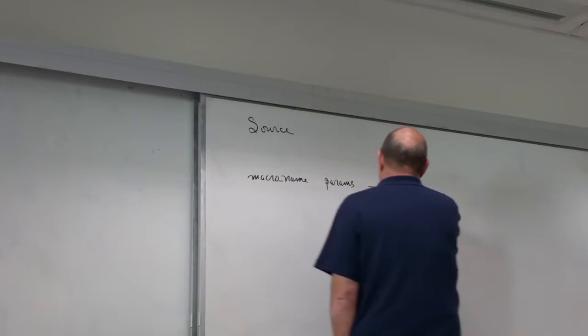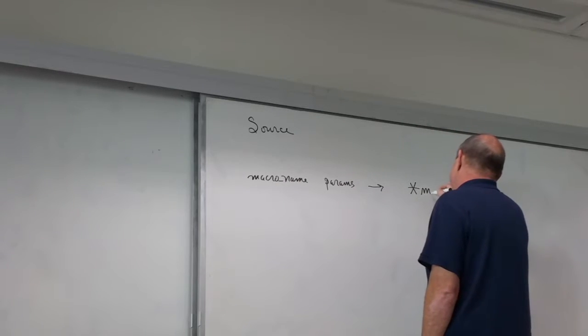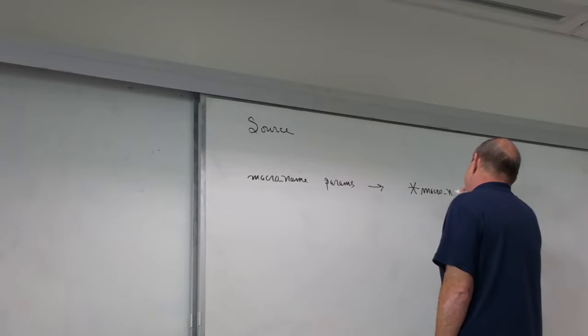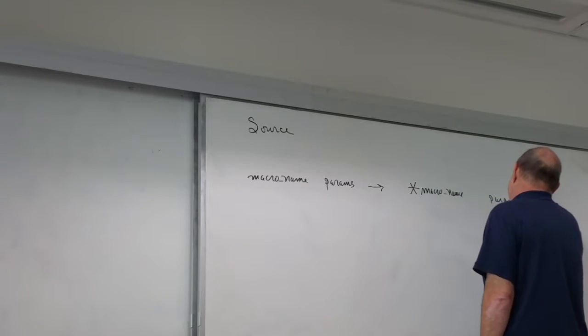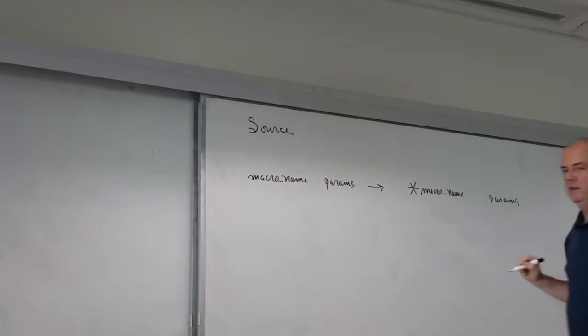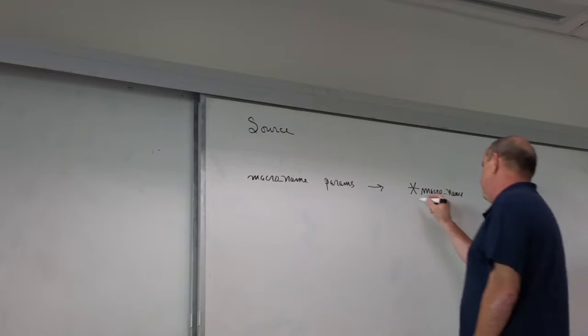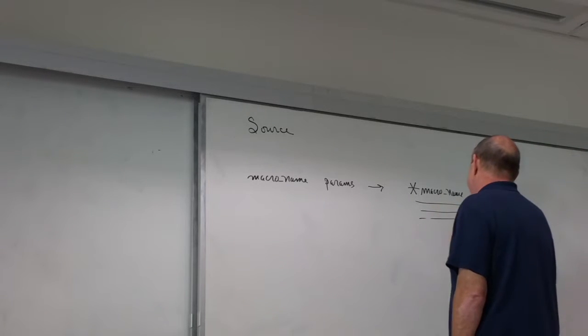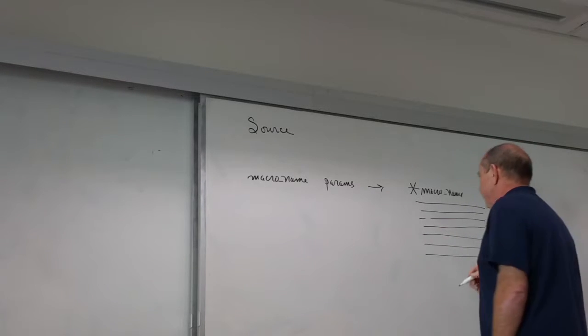So then the macro processor takes over and it will comment out this macro name and params because this is not machine instruction, it's not machine code. The CPU doesn't know how to do that. And then in its place, it will insert a set of instructions to do the desired action.